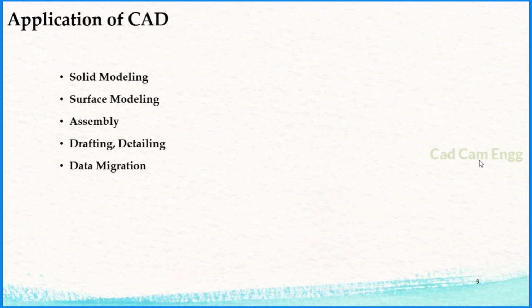So what are the applications of CAD? Basically we have 5 different applications in CAD: solid modeling, surface modeling, assembly, drafting or detailing, and data migration. These are the 5 important applications of CAD.